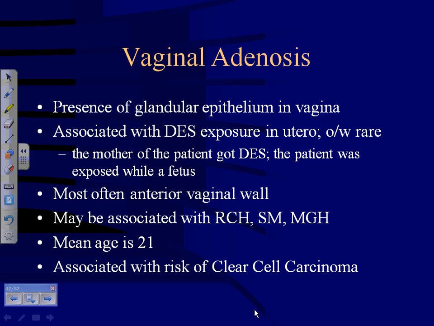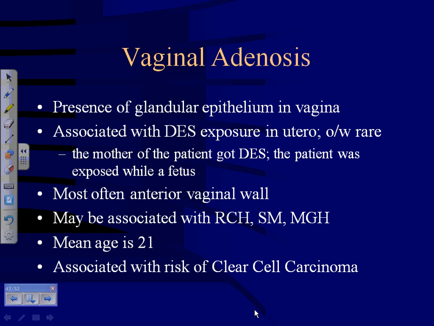What about vaginal adenosis? The vagina is normally lined by mature squamous epithelium, right? Well, there are instances where you can actually get glandular epithelium in the vagina. And when you see glandular epithelium, that refers to adenosis. Now, it can be associated with DES exposure that occurred many years ago in utero.